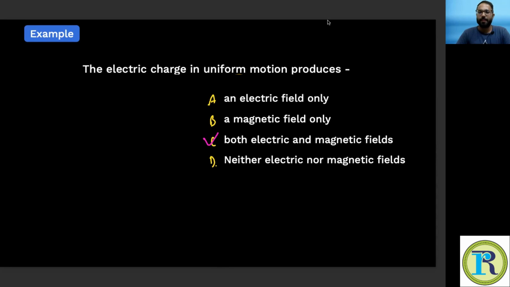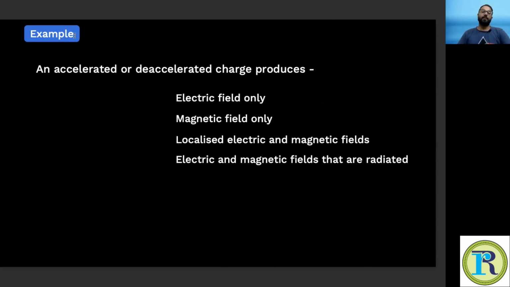Now let's try the next question. Again, this question is based on memory.